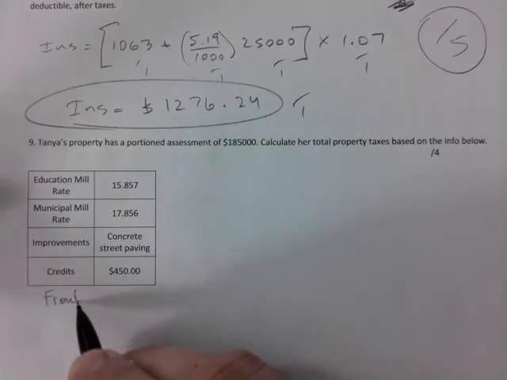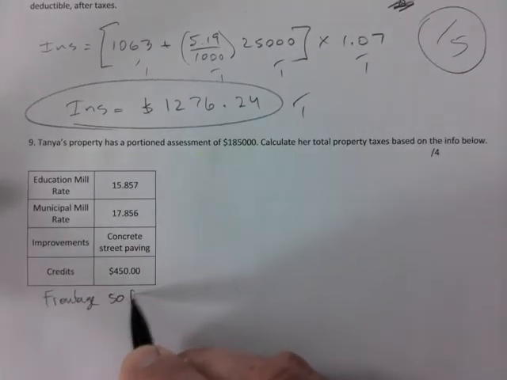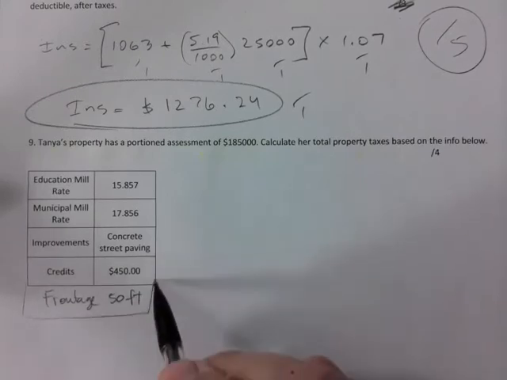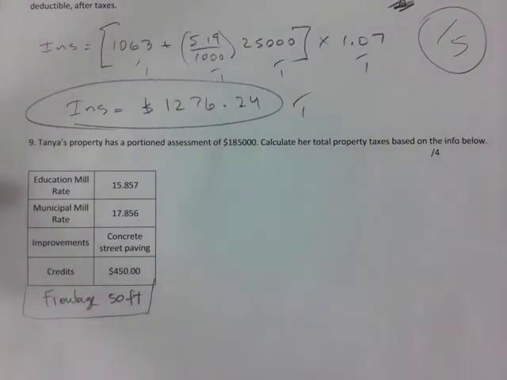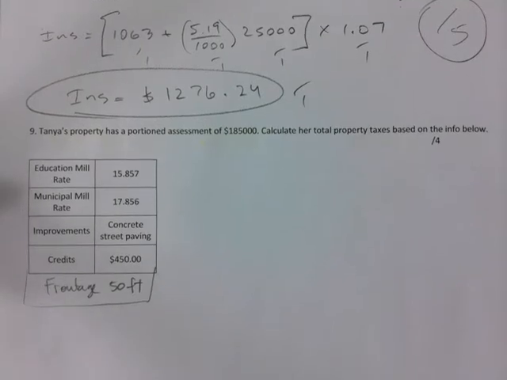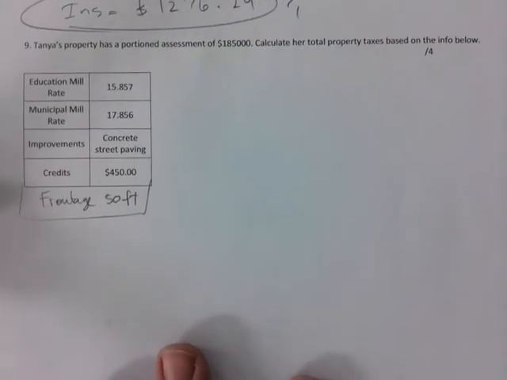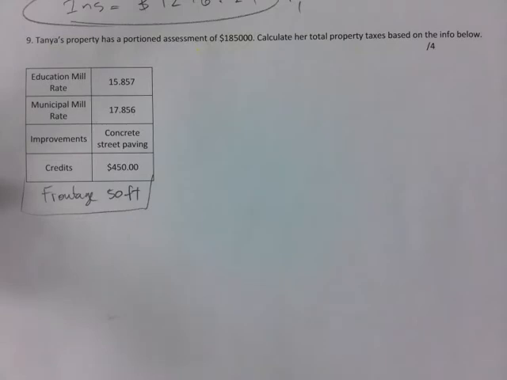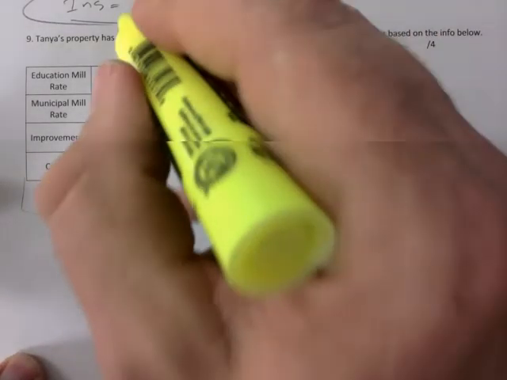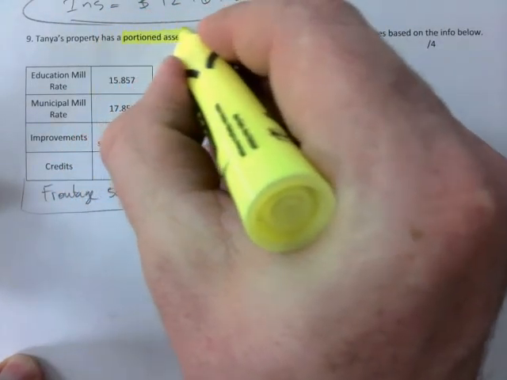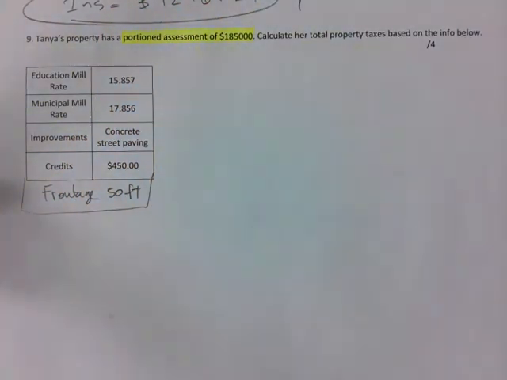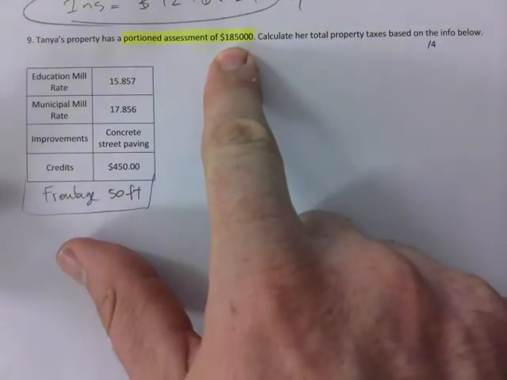Frontage, 50 feet. I told you to add that. So this is where I want you to pay a bit closer attention to, because this is still somewhat new. Watch this. If the question gives you the portion assessment, for 185, that is the number you're going to multiply all of the mill rates that I give you by. That's not the value of the home, that is the 45% of the value of the home.